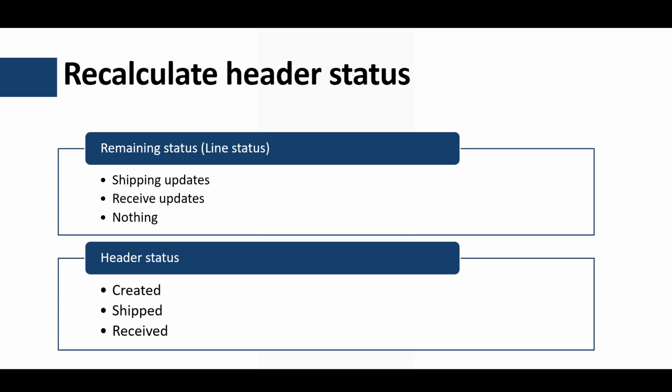After that, the line status will be nothing, where the transfer order header status could be created, shipped, or received. If the transfer order status is incorrect, using this option the header status can be recalculated and corrected based on the transfer order line status. So this tool assumes that the line status is always correct.